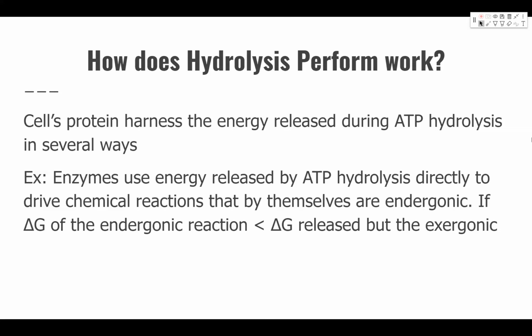But if we had an endergonic reaction that needed 13 kilocalories of energy, we don't have enough energy released by that hydrolysis of ATP to cover the 13 needed to get that endergonic reaction started. This is how we can use those delta Gs to see if we can pair reactions together.